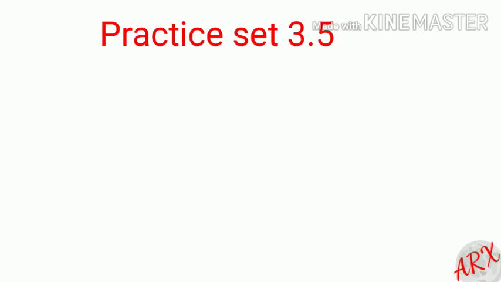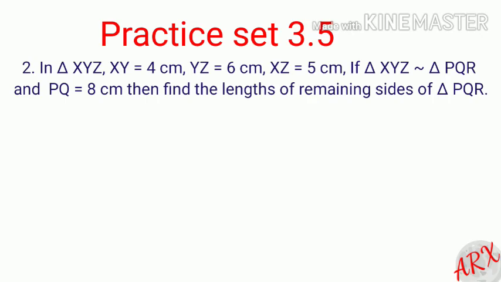Question number 2. In triangle XYZ, XY equal to 4 cm, YZ equal to 6 cm, XZ equal to 5 cm. If triangle XYZ is similar to triangle PQR and PQ equal to 8 cm, then find the lengths of the remaining sides of triangle PQR.